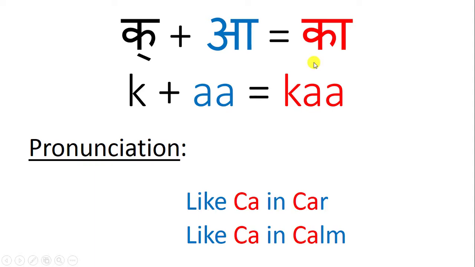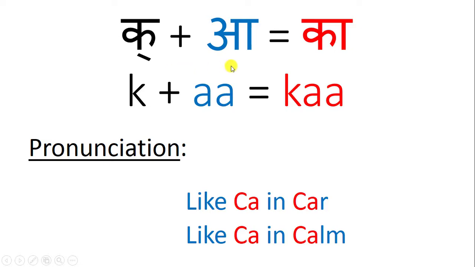Next is Ka. Previous one was K, this is Ka, the dragged version of the previous sound. And you get this sound Ka when you add K to A. K plus A equal to Ka.